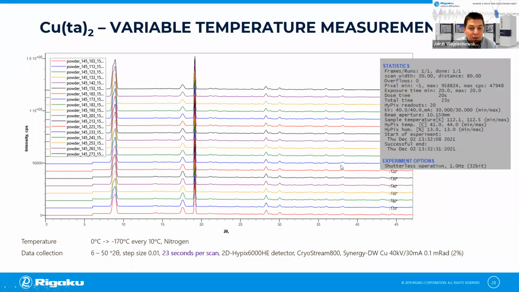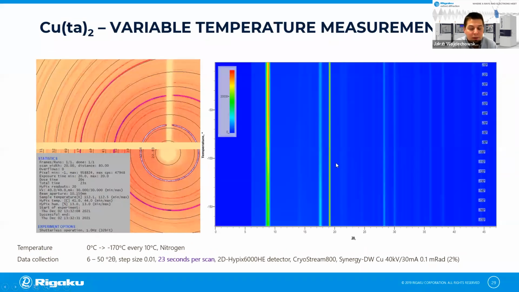And of course, Maciej informed me that there was no chance of any phase transition, although we noticed some intensity distribution changes, which was expected with cooling down the sample.